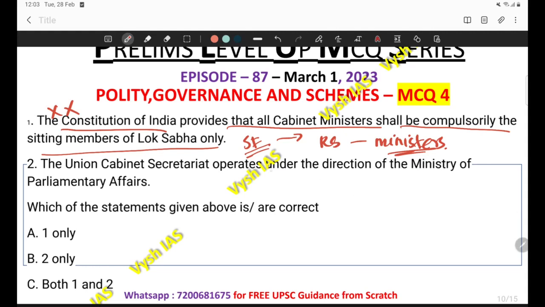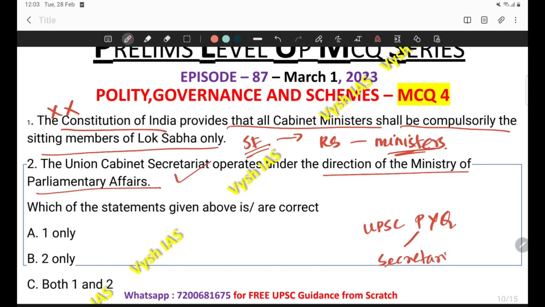Now come to the second statement. The Union Cabinet Secretariat operates under the direction of the Ministry of Parliamentary Affairs. Please go through the previous question papers related to the Union Cabinet Secretariat. This body is very important, and UPSC has asked questions regarding it many times. It is a very powerful body, and it operates under the direct supervision of the Prime Minister and not under the Ministry of Parliamentary Affairs.